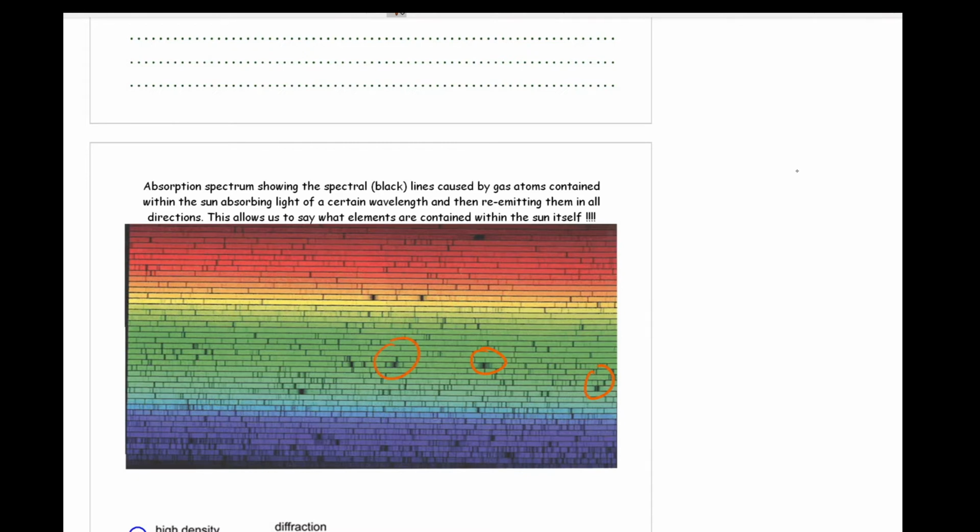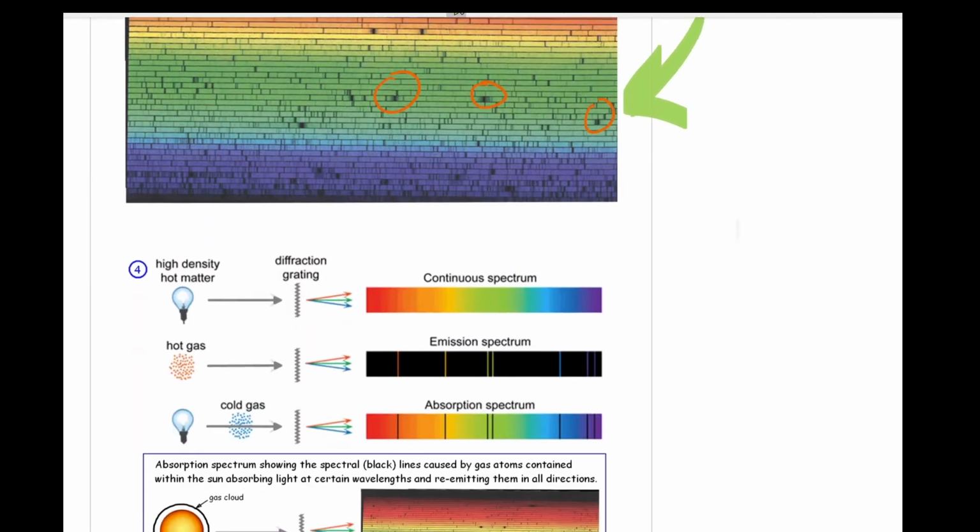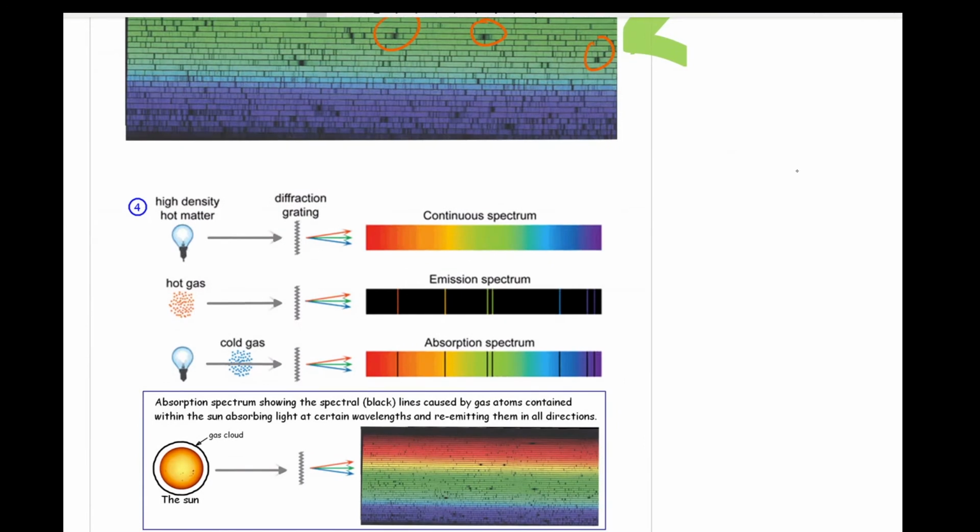They are caused by gas atoms contained within the sun, absorbing light of certain wavelengths and then re-emitting them in all directions, showing these spectral lines. This allows us to say what elements are contained within the sun itself. These just go through exactly what I've just gone through before.